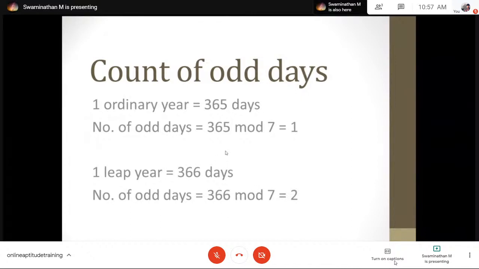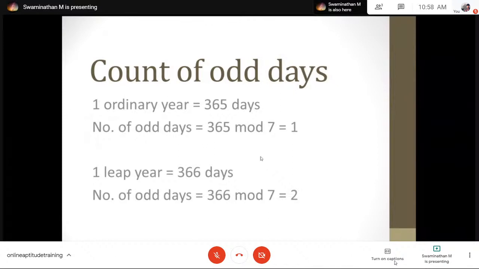That is, you have to get the mod 7 of it. That is the number of days more than complete weeks. A week has 7 days, so for the number of days more than complete weeks, you divide by 7 and get the remainder. You can't do this every time. So you have to remember that an ordinary year has 1 odd day and a leap year has 2 odd days.